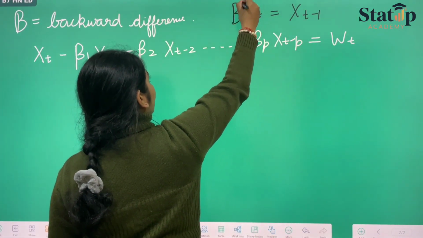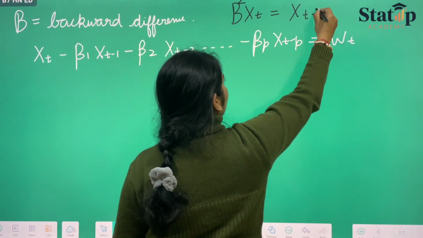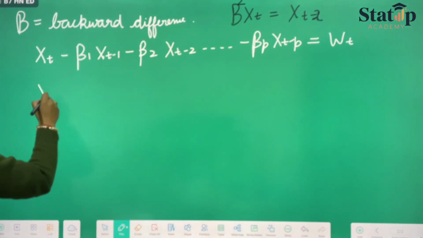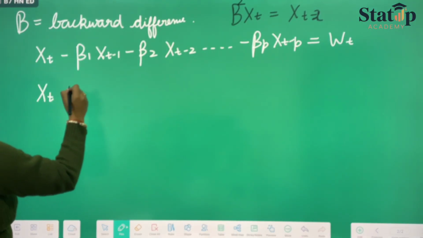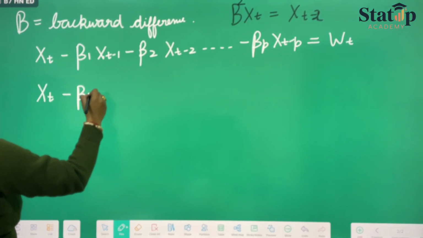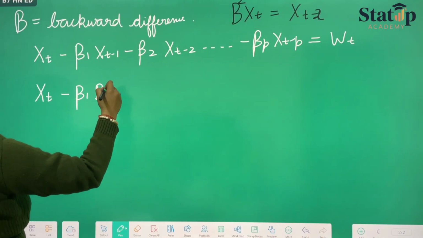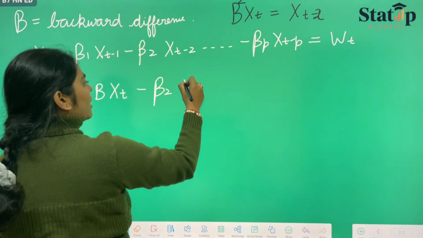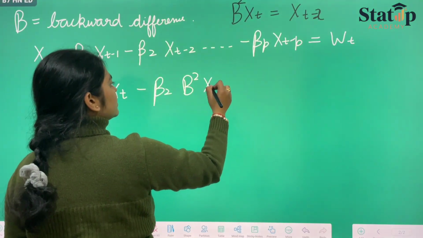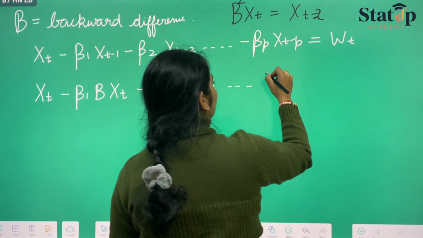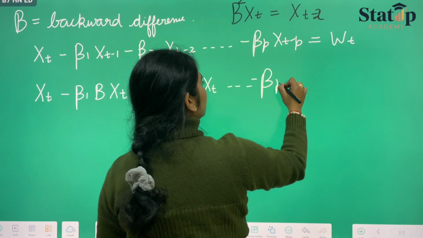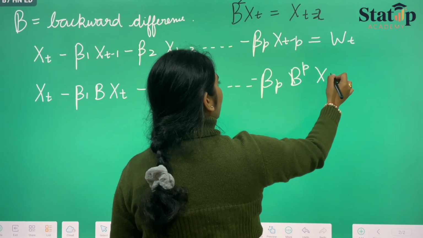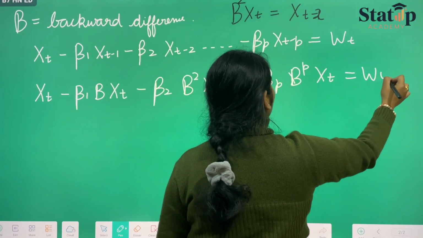If I take the backward difference raised to the power 2, then it would be x t minus 2 and so on. So I can write it as xt minus beta 1 B xt minus beta 2 B square xt up till beta p B raised to the power p xt is equal to white noise.